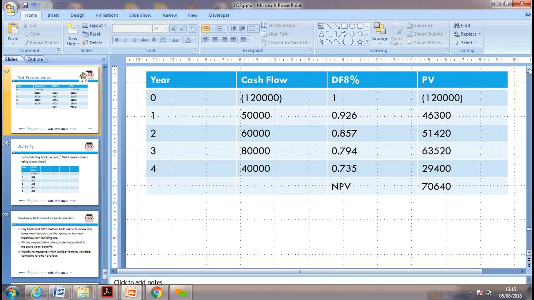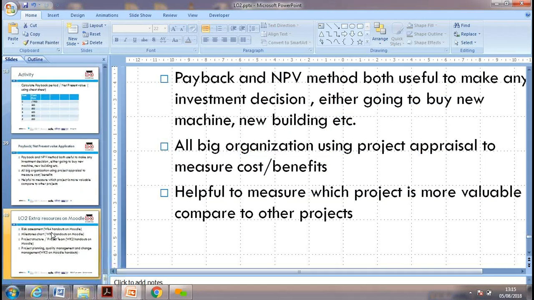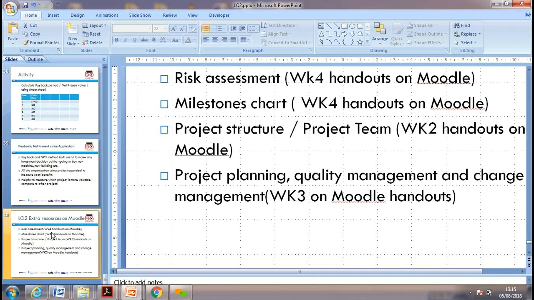So we can use a discount factor, then we can calculate the present value using discount factor tables. Given 8% after 1 year, £1 value will be 0.92. We multiply, and overall add positive minus negative. If we have positive figures carrying on coming, we'll accept the project, otherwise we'll reject it. So we can use different methods of appraisal.